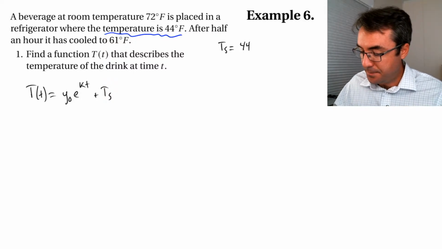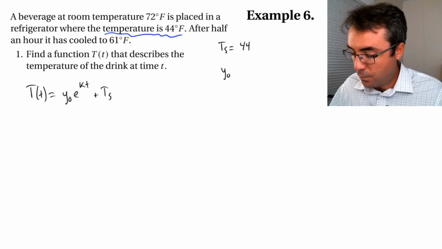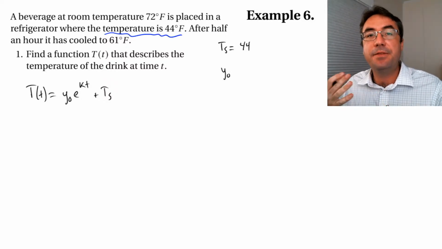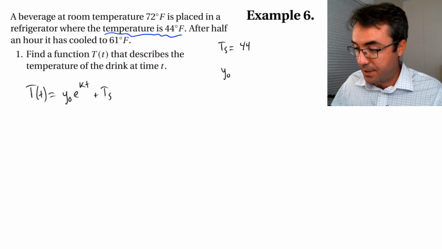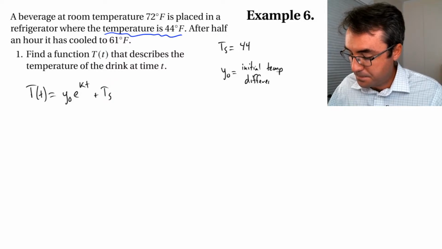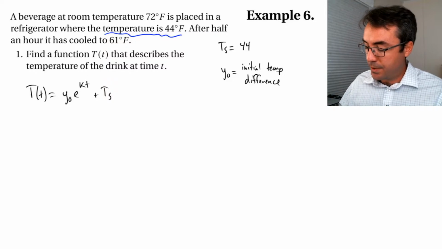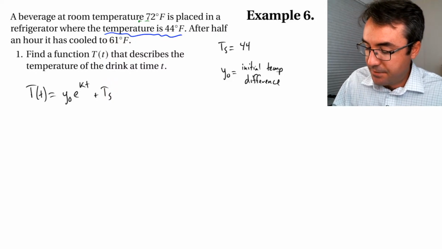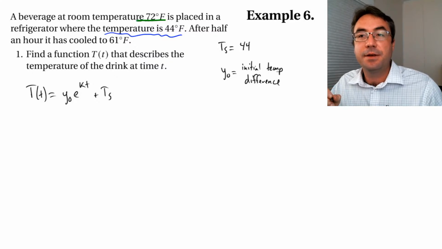What else do we need? We need to know y0, and this is our initial temperature difference. Our drink starts at 72 degrees Fahrenheit.